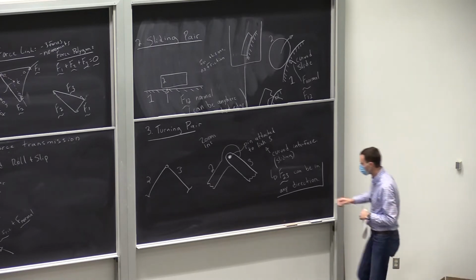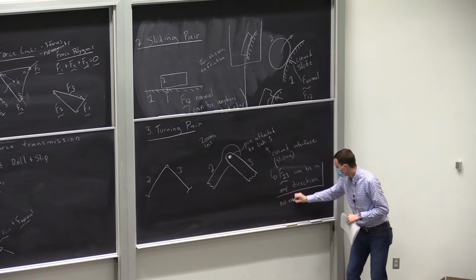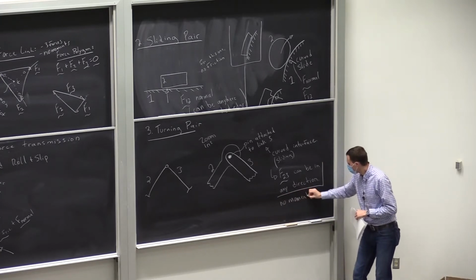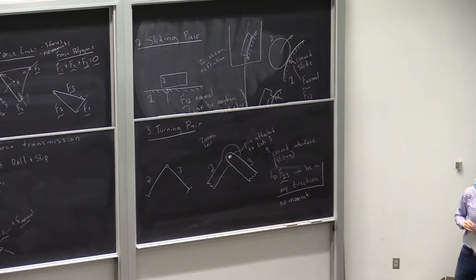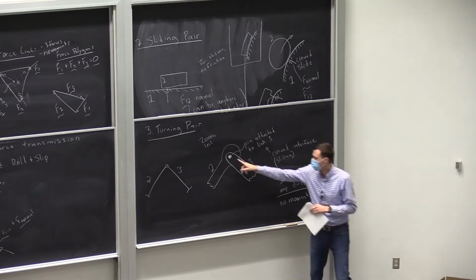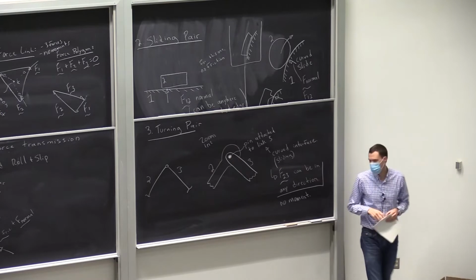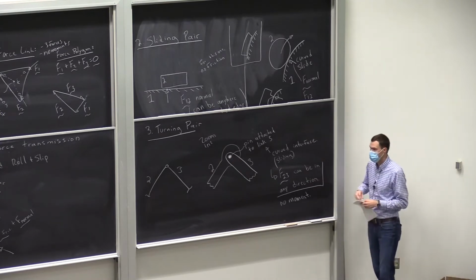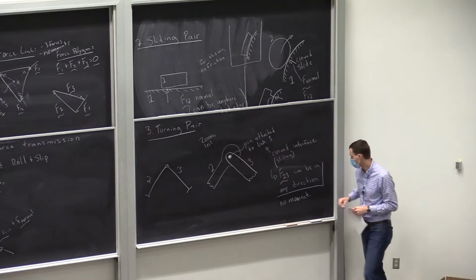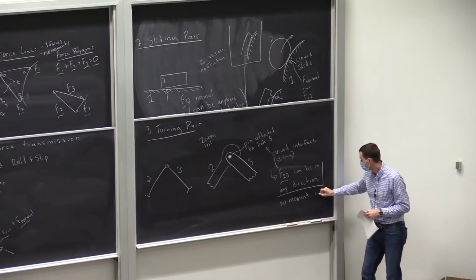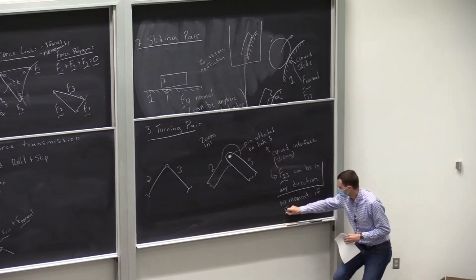And of course, there's no moment, unless you assume there's some friction. Let's say there was a sticky bearing. Then some friction would appear as a moment being transferred. So we'll say no moment if friction equals 0.